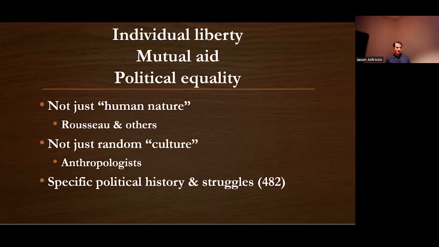So it becomes a little bit hard to trace. But the idea is that these were a product of a very specific political history or struggles that went on within indigenous societies, because there were other forms available. There were other political forms that were possible, and they would debate and reject them.